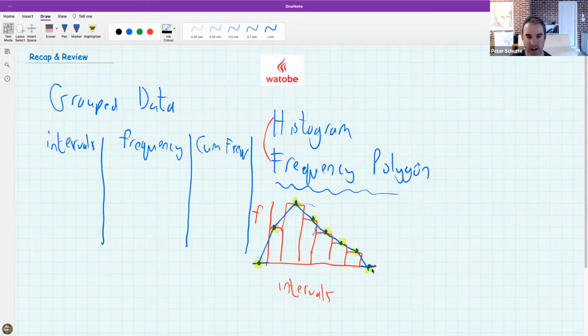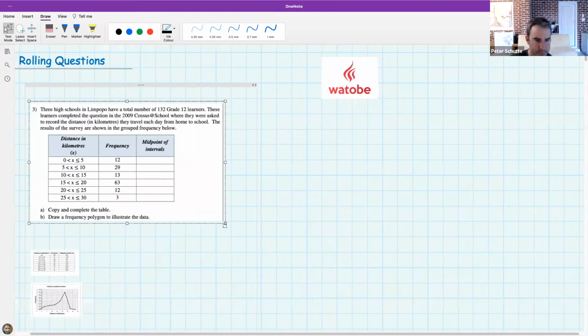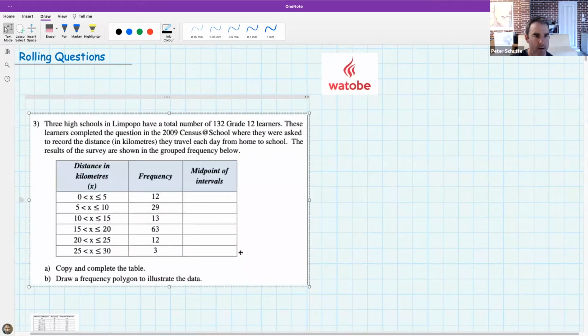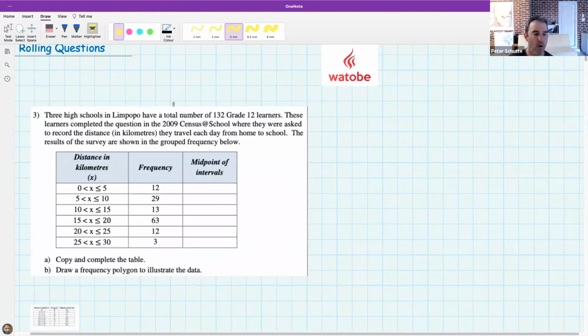I just want to practice one example like that before we move on to the ogive. This is what we were doing at the end of the last lesson. Here's an example of a grouped data table. 132 students in grade 12 completed this census.